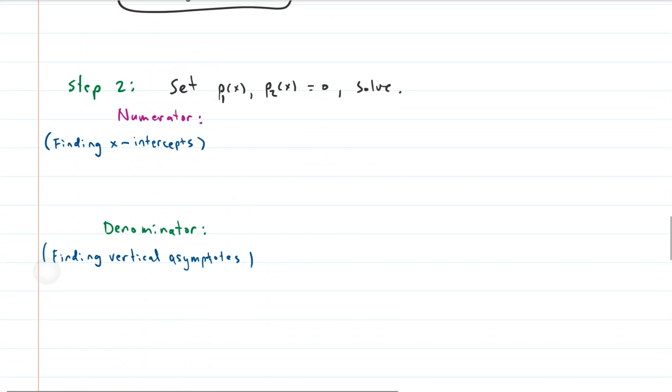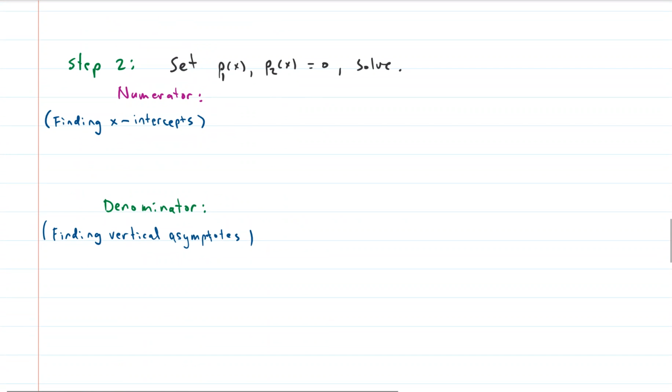Step 2 says set the numerator and denominator equal to 0. So our numerator was negative x minus 5. If we set that equal to 0 and solve, we will get all of our x-intercepts.